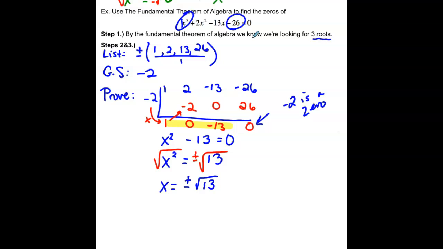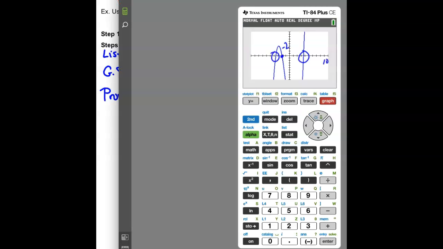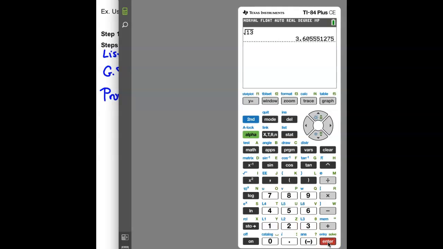Now, let's grab our calculator and see what is the square root of 13. So if I do square root of 13, I'm getting about 3.6. And we said we had positive and negative square root of 13.